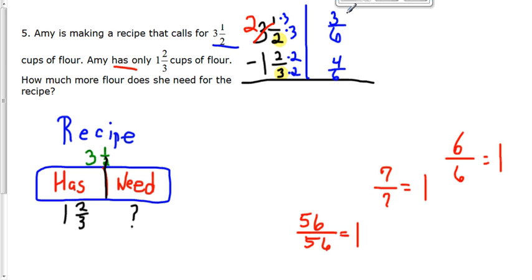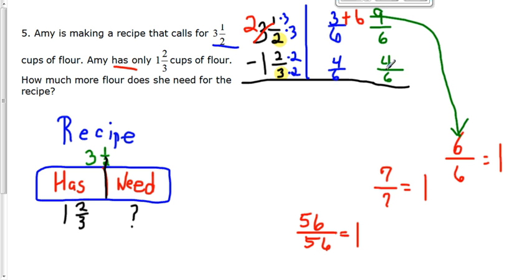But I already have 3 there. So 3 plus the 6 I borrowed, because 6 out of 6 is 1 whole, is now 9. So now I'll have 9 sixths minus 4 sixths.